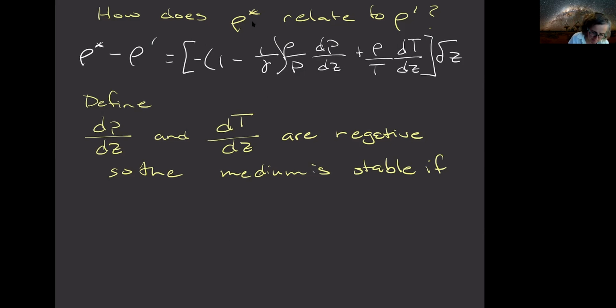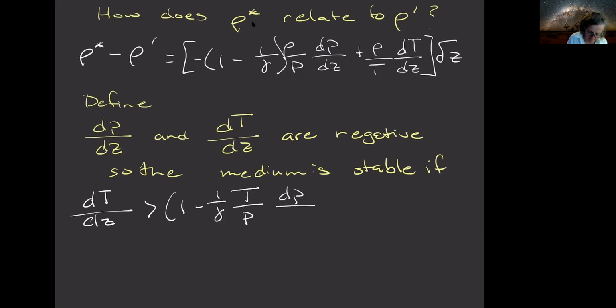It's stable if dT dz is greater than 1 minus 1 over gamma T over p dp dz. Oops, should close that parenthesis. So we can see that if dT dz is greater than 0, it's stable.